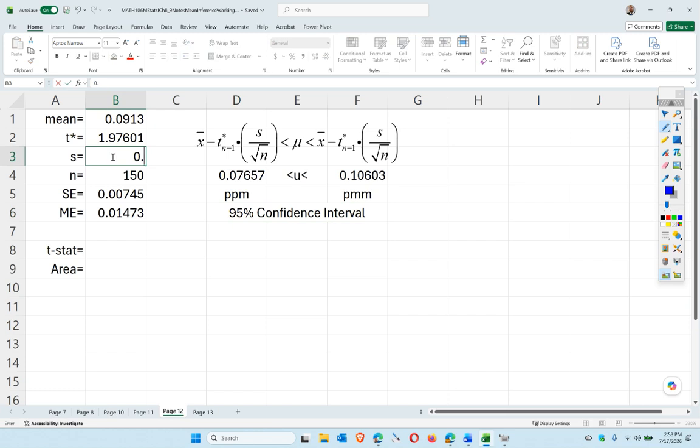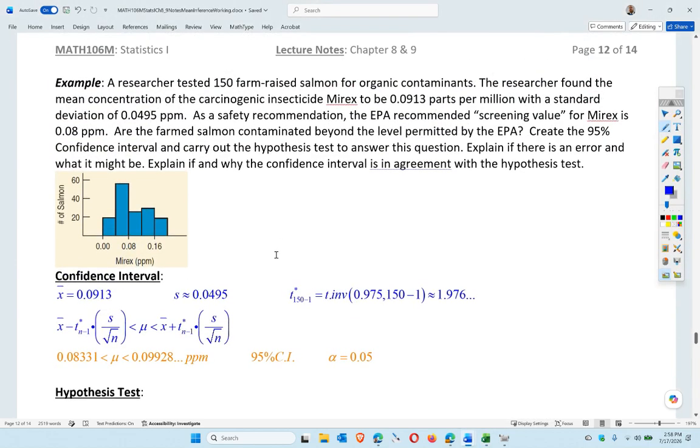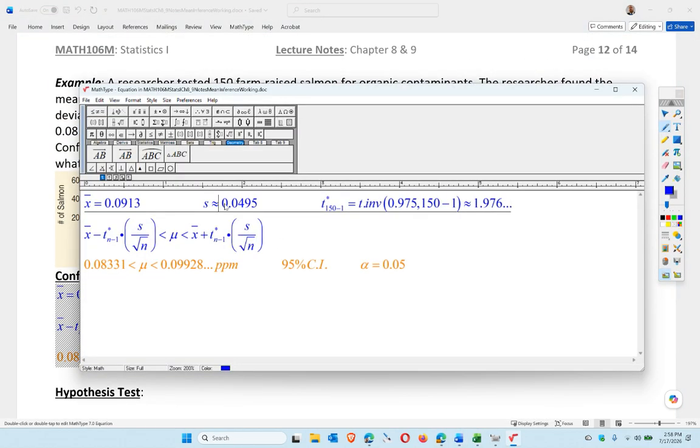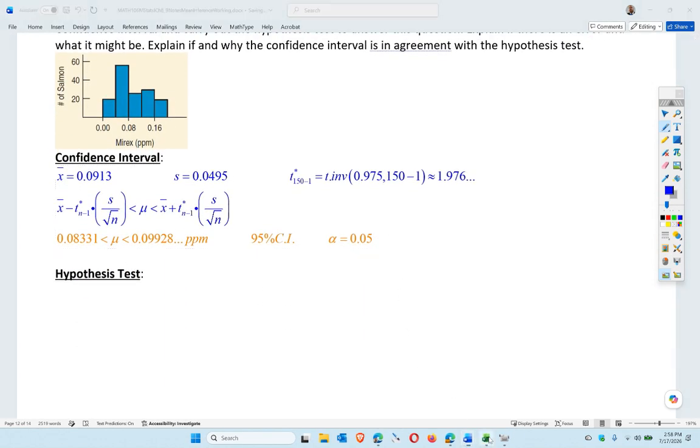This was 0.0495. That's the reason why. Those were the same both times. Okay, so I go back to the problem. Yeah, 0.495. I'm sorry. Okay, my apologies. Okay, so does that match up now?